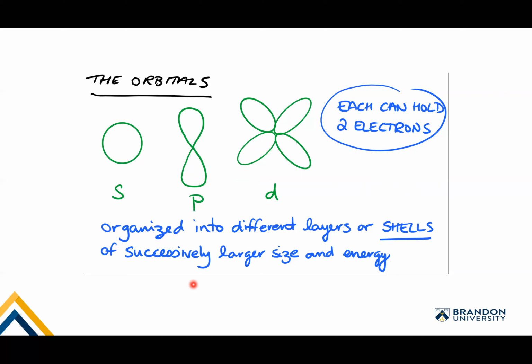Having a series of numbers on a page is kind of hard to visualize, but it's really easy to see what an s orbital looks like. An s orbital looks like a beautiful sphere.